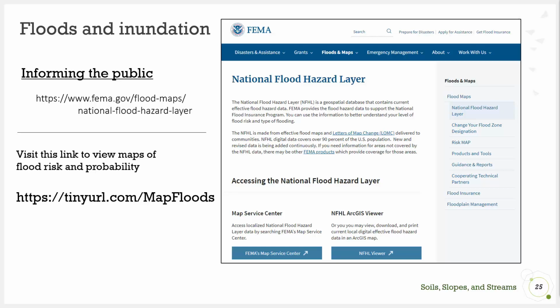Follow the tinyURL link to get a close look and to see information about your local area and streams. You'll need to zoom in really close, change your layers, and turn some on and some off to get the view I showed in the prior slide. Of note here, some local municipalities and counties may and likely will have better and more updated versions, potentially that are easier to navigate than this one.